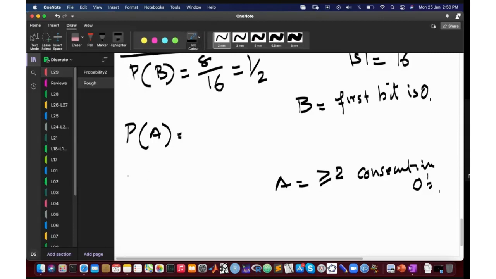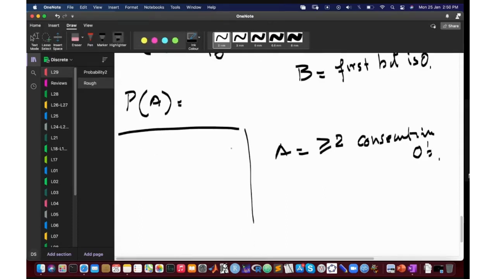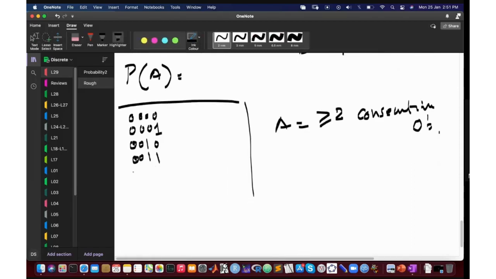Let me write down the strings in which we have 2 or more consecutive zeros. So I have 0 0 0 0, 0 0 0 1, and then 0 0 1 0, and 0 0 1 1, and there is 0 1 0 0. All of them have consecutive zeros.